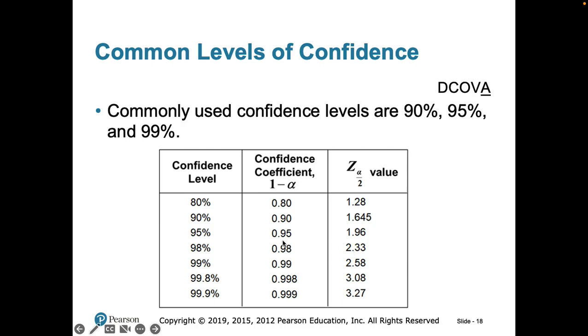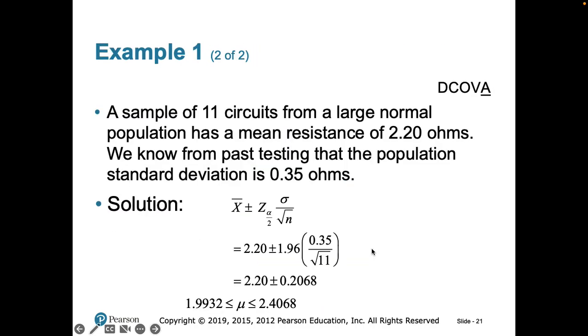See it right over here, 1.96. And then you have your standard deviation divided by the square root of your sample size, which in this case is 11. So when you do 1.96 times this parenthesis here, you get 0.2068. So you get 2.20 minus 0.2068, and you get 1.9932.